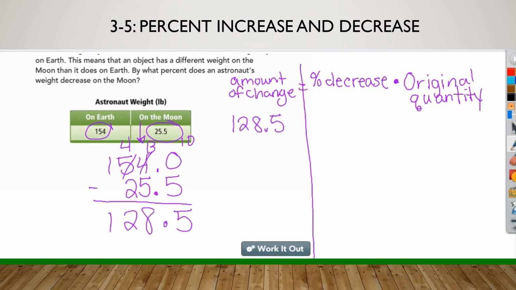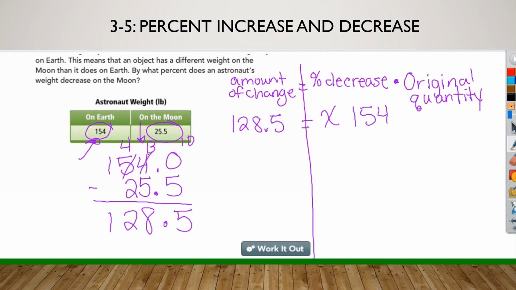Now our percent decrease, we don't know, so I'm going to use a variable and I'll use x. Our original quantity is the value or the weight on Earth, which is 154. Now I need to go ahead and isolate my variable. I see the variable in 154 is connected through multiplication. So the inverse of multiplication is division.